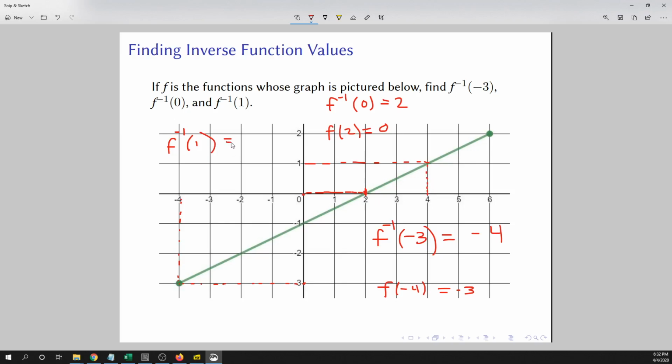So f inverse of 1 is equal to 4. Now, likewise, if you went the other way, it would be f of 4 equals 1. So you could do it either way. Just run through the process and get the answer directly, or find the function value itself, f of 4 equals 1, and reverse it like this. All right, so that's how you would find inverse function values on the graph.